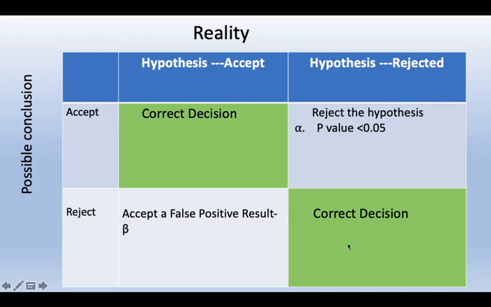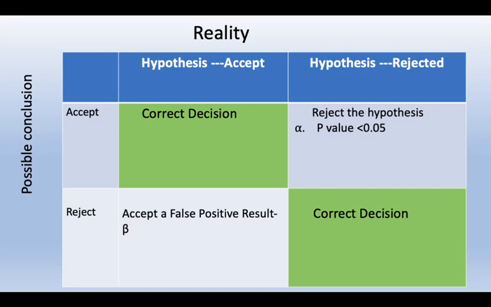In another phase, we say that there is a significant difference between the hypothesis and the thing in question. So this is also a correct decision, and it falls in the lower right panel, the green box. While there are two alternate options, the first one is that there is no significant difference as stated in the null hypothesis, but somehow our experiment states that there is a significant difference.